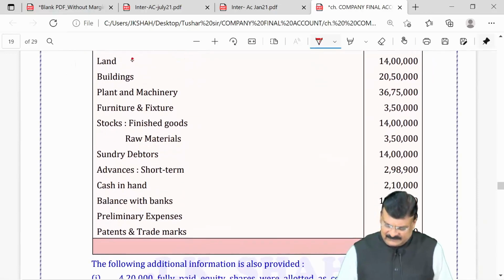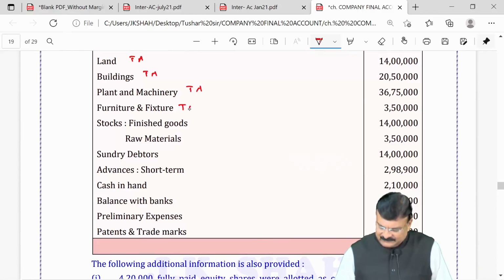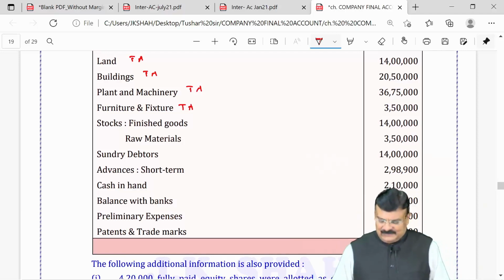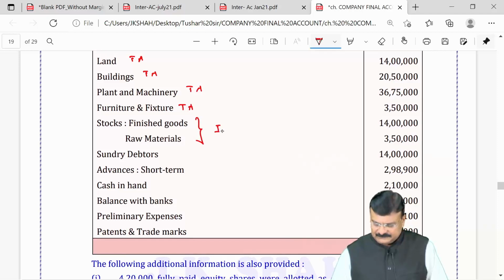Land is a tangible asset, building tangible, plant and machinery tangible, furniture and fixture also tangible assets. Stock of finished goods and raw material, this is closing stock, it will go to inventory. Sundry debtors is trade receivable. Short-term advances itself is short-term loans and advances.